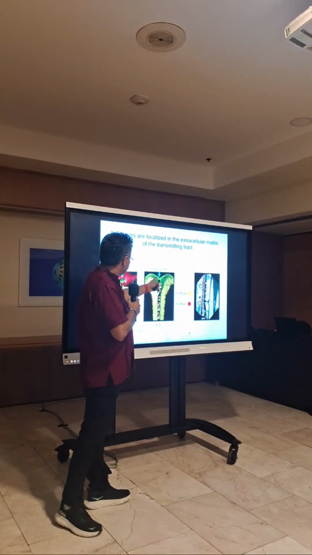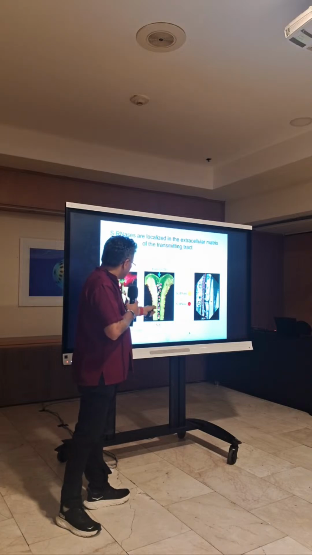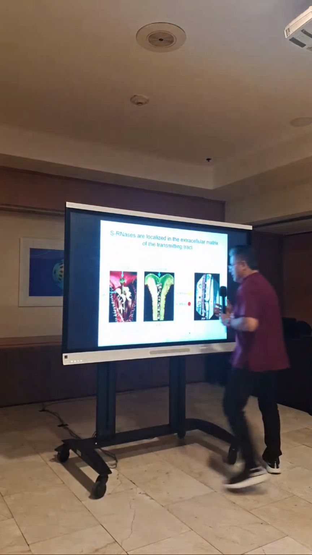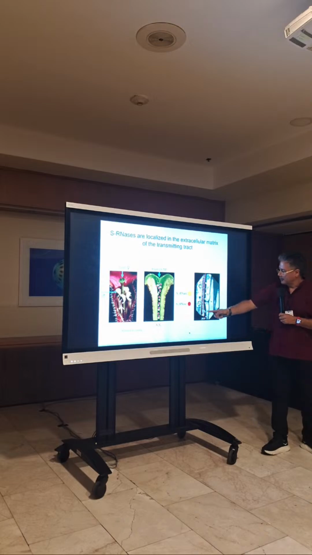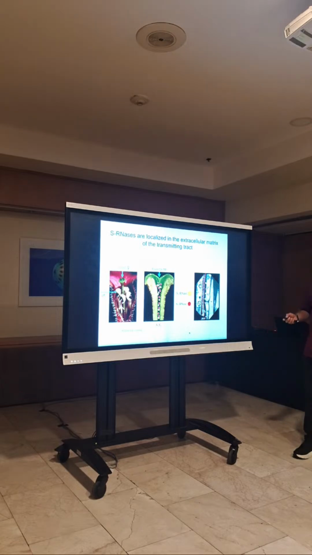And you can see here a very thick extracellular matrix. And in this one, the S-RNases are going to be present because this is a secreted protein. And through this extracellular matrix and the transmitting tract, you can see here a pollen tube growing, and this is going to reach the ovary if this is a compatible pollen tube.